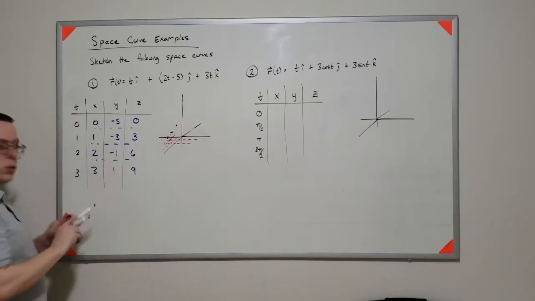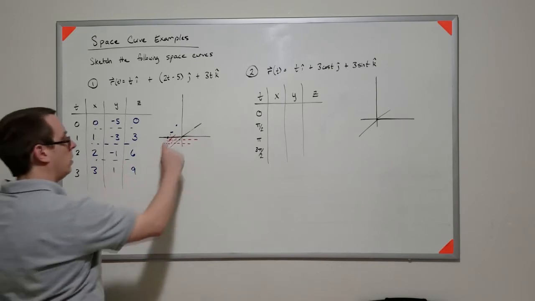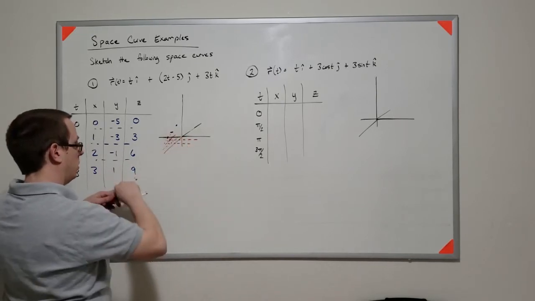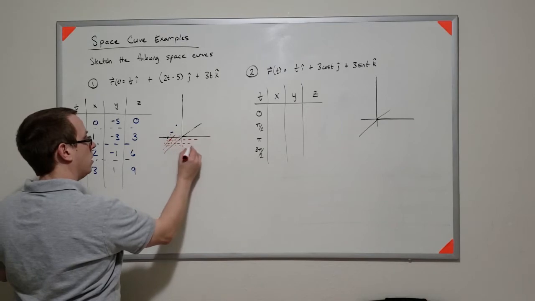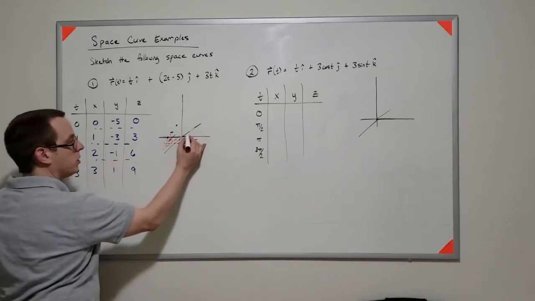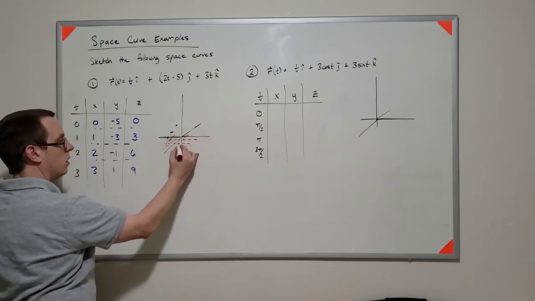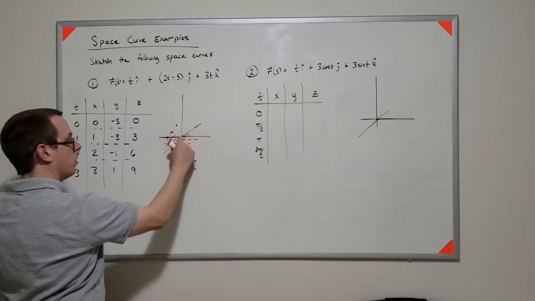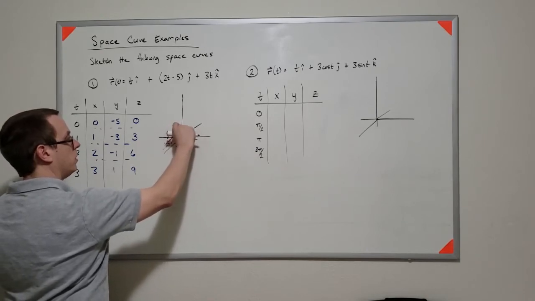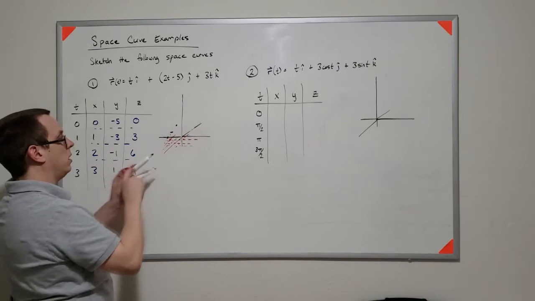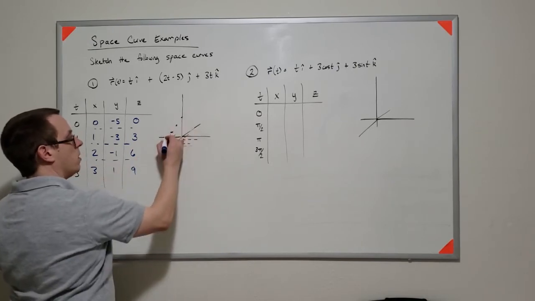And then finally we have 3, 1, 9. So we go out 3, and then we go positive 1, and then we go positive 9. So if that's 3, then that's 6, 3, 6, 9, up around here.